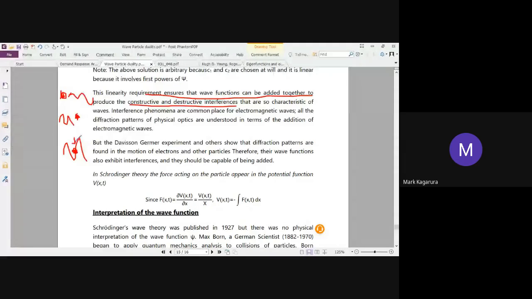So the wave function, the resultant wave or solutions of that wave, govern the motion of the particle. Wave function governs the particle behavior.